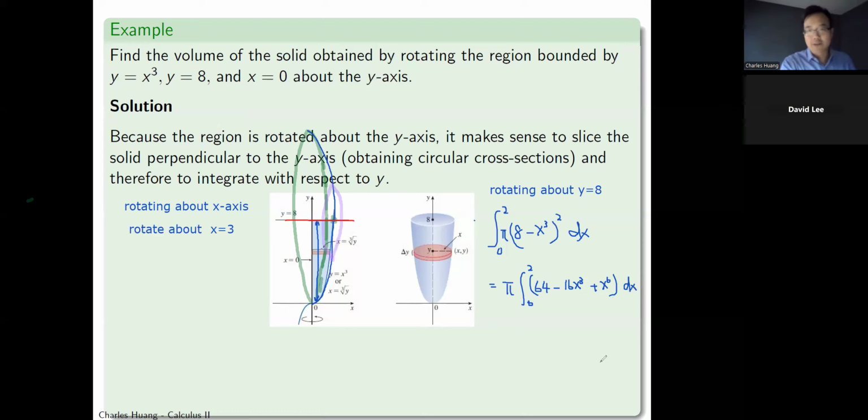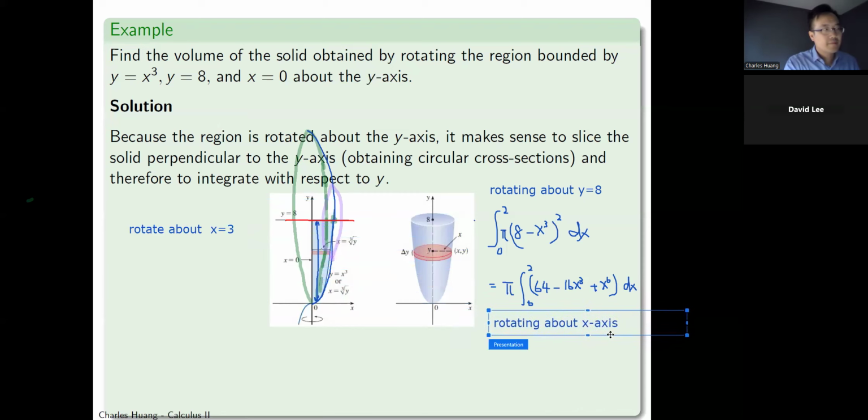Then we can find the integral after. I apologize, my shape isn't the best. Didn't draw it very well.